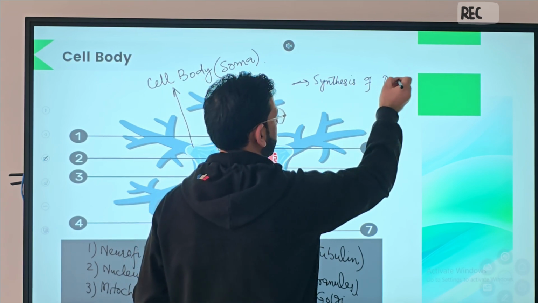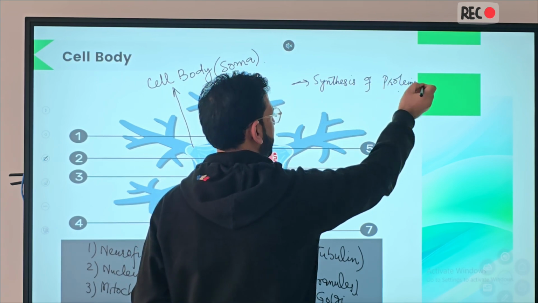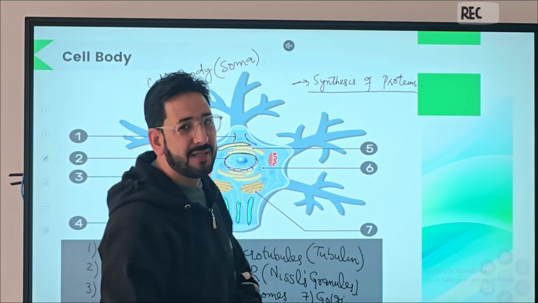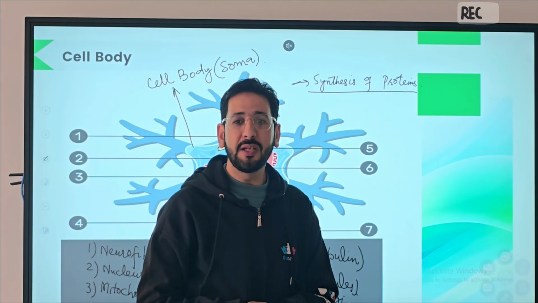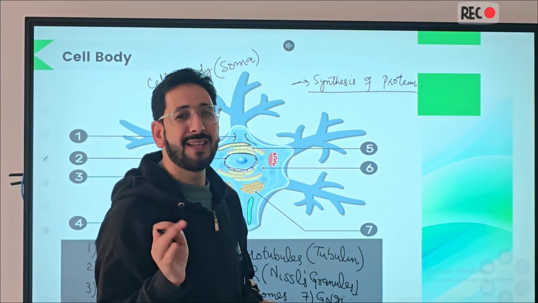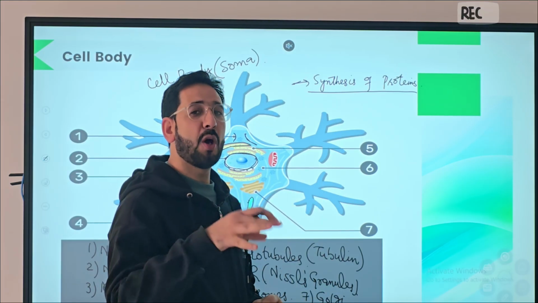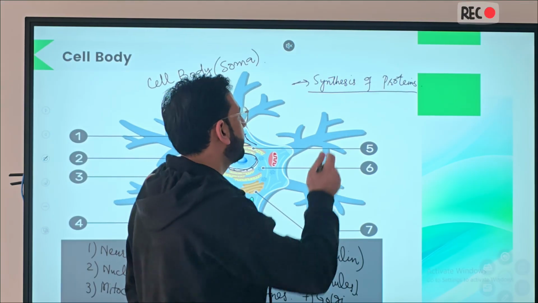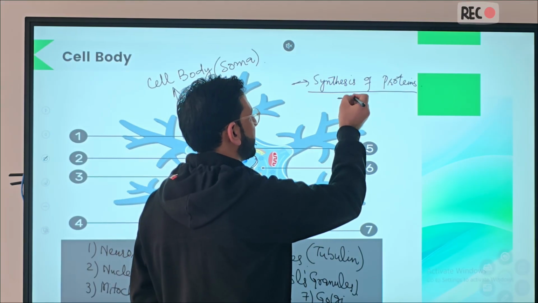Now, the thing is, what type of proteins synthesized inside the neuron cell body are important? The first important thing that should come to your mind when we talk about the synthesis of protein inside the neuron cell body should be the neurotransmitters.